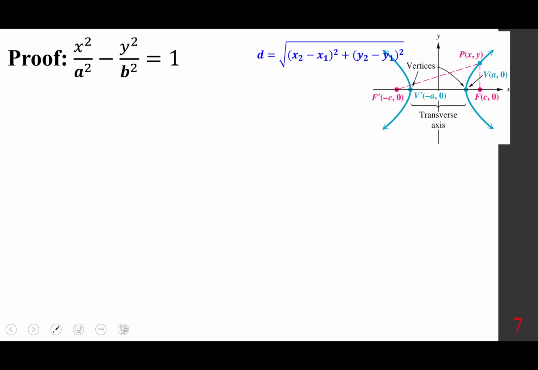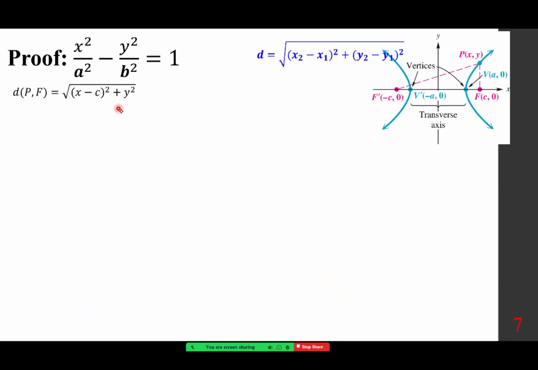All right, we're going to continue with the proof as follows. We mentioned the distance from this point to F. Remember, the difference of distances is 2a. So we are going to look at PF, which is the square root of x minus c quantity squared plus y minus 0 quantity squared.